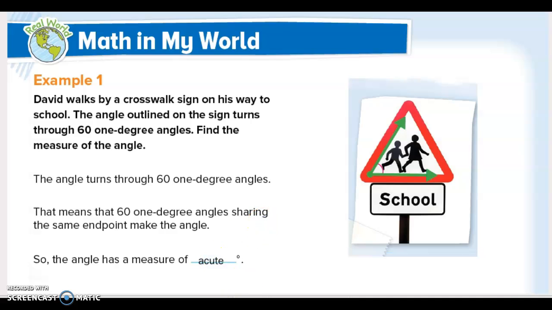So this would be an acute angle. And so it has a measure of 60, and they already have the degree sign there for us. So it's a measure of 60 degrees. So since it's less than 90 degrees, it's a 60-degree angle, we could call this angle acute.